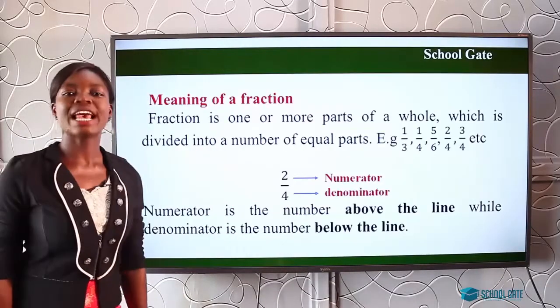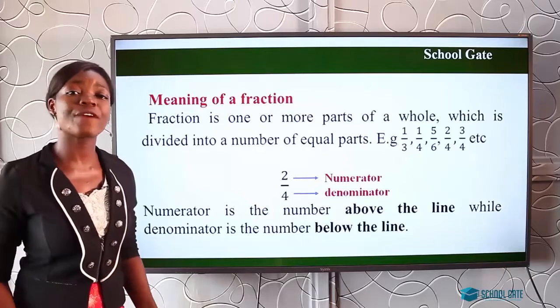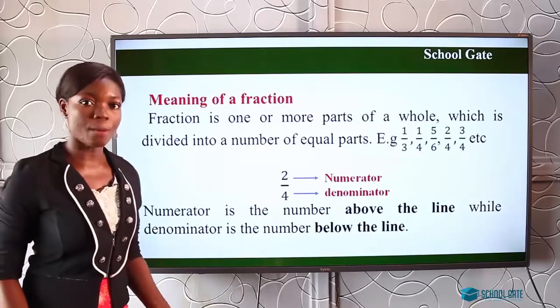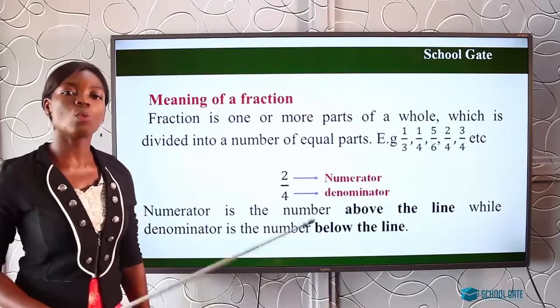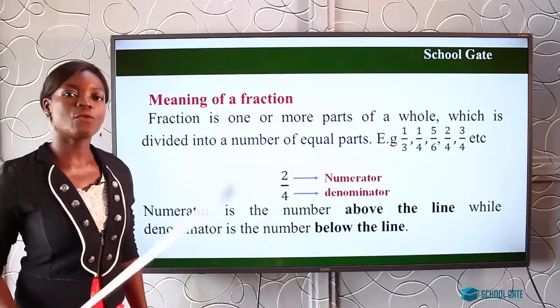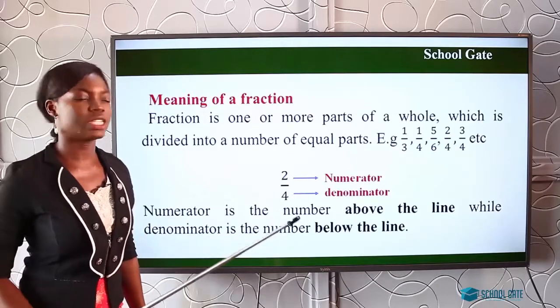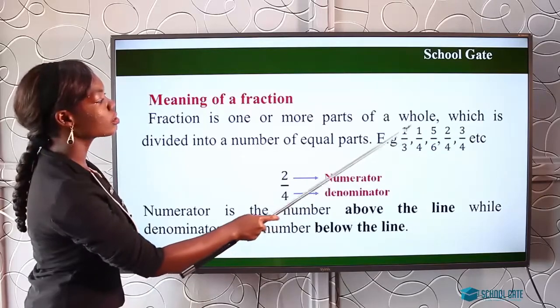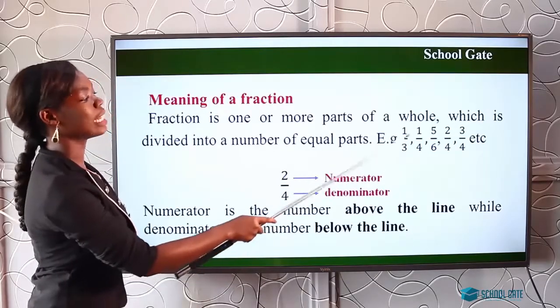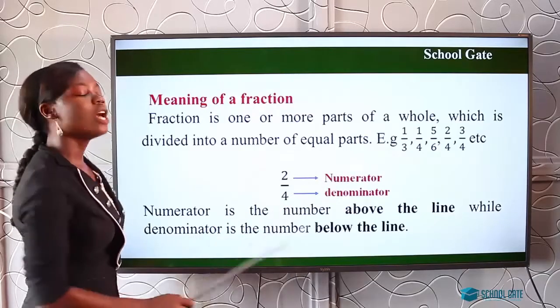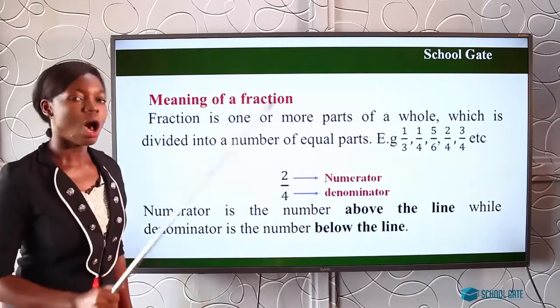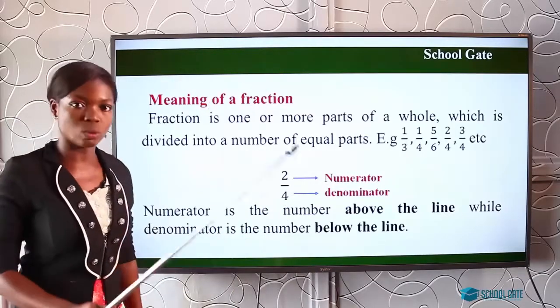Now, what is a fraction? A fraction is quite different from a whole number, okay? Whole numbers are 1, 2, 3, 4, 5. But when you see something like this, you know it's an example of a fraction. So a fraction is one or more parts of a whole.